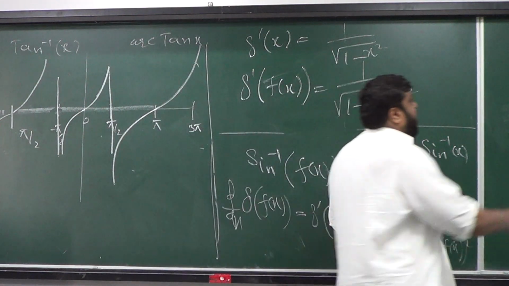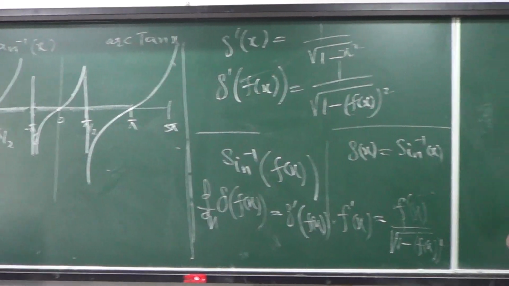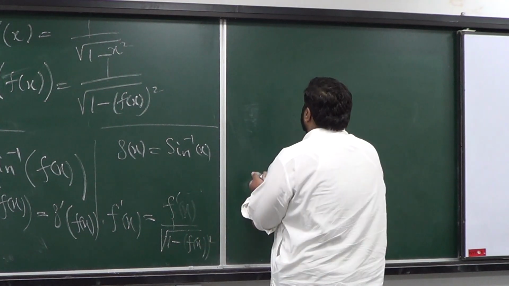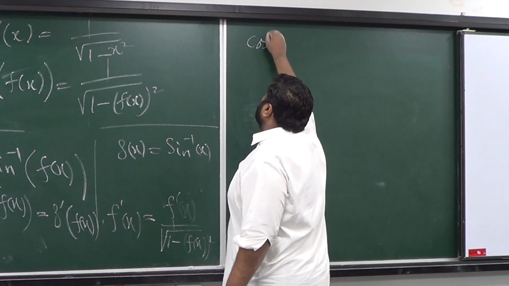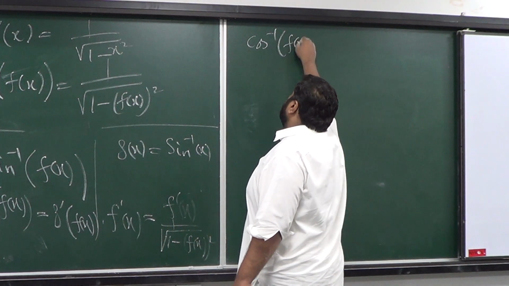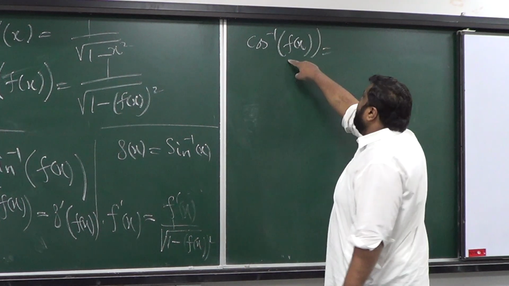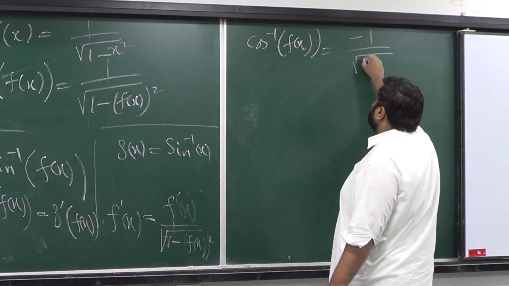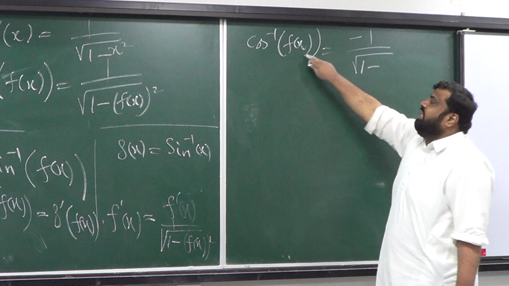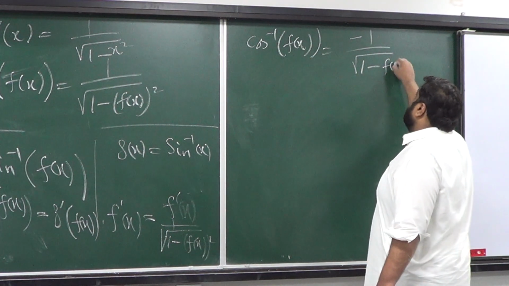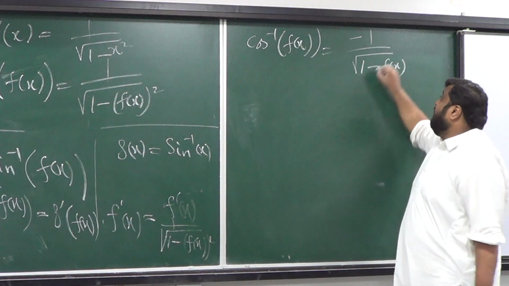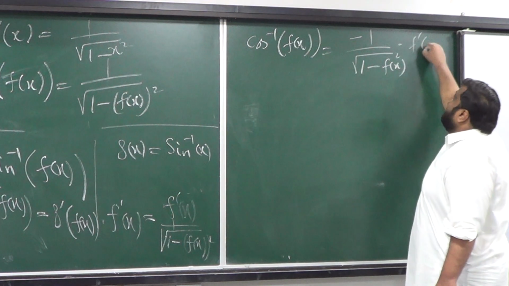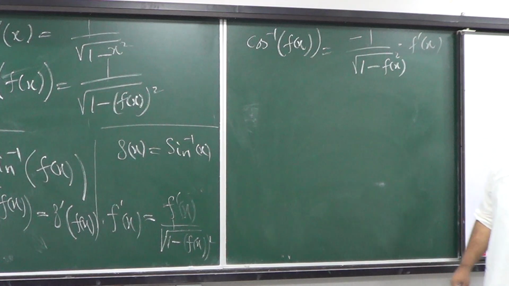For example, if you want to compute the derivative of the cosine inverse of some function f of x, then take the derivative of the cosine inverse, which is 1 over the square root of 1 minus x squared, but in place of x you replace f of x, squared, multiplied by the derivative f prime of x.